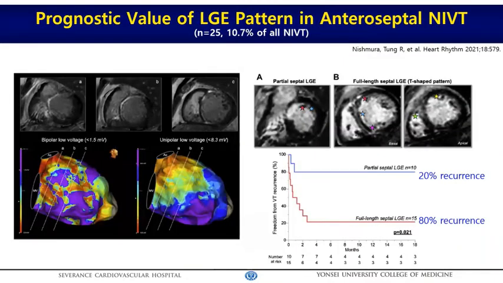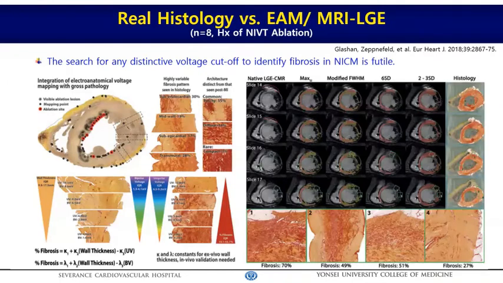In this MRI study by Nishimura, the septal late gadolinium enhancement pattern affects the outcome of anteroseptal VT ablation. Compared to the case with the partial septal scar, the patient with full-length septal scar or T-shaped scar involving both ventricles shows a significantly worse outcome after VT ablations.